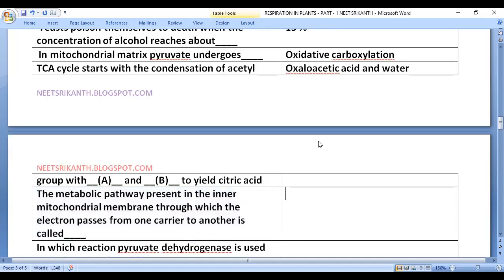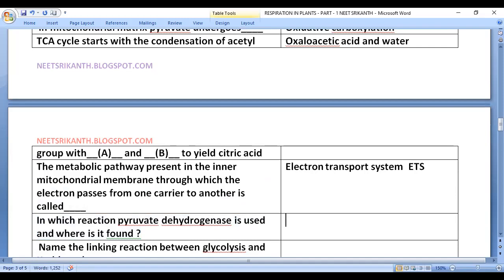The metabolic pathway present in the inner mitochondrial membrane, through which electrons pass from one carrier to another, is called the electron transport system, or ETS.